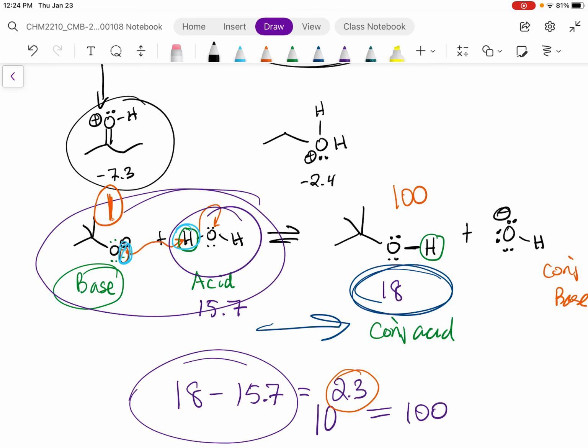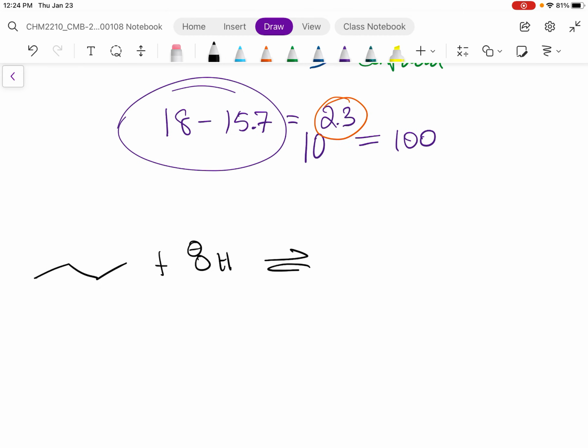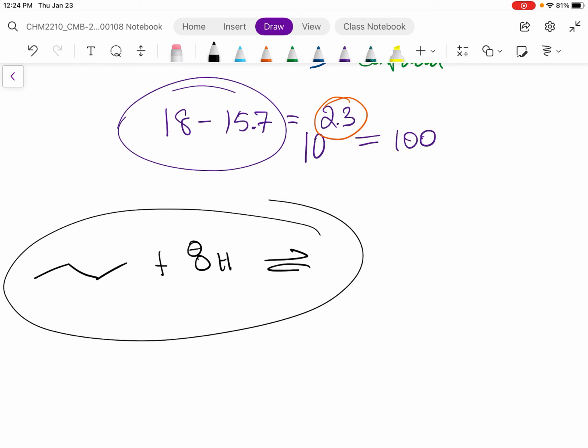You need to identify the base, the acid, the conjugate base, the conjugate acid, find the pKa's, and tell me at equilibrium what side is favored. Okay, there's your problem. Make sure you have an answer for me on Tuesday. Do we have any questions? No questions?